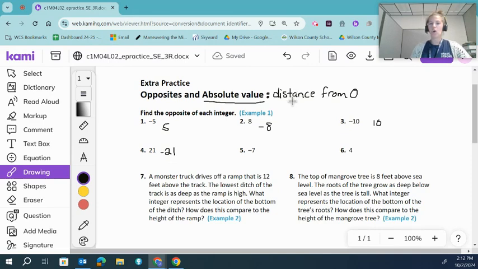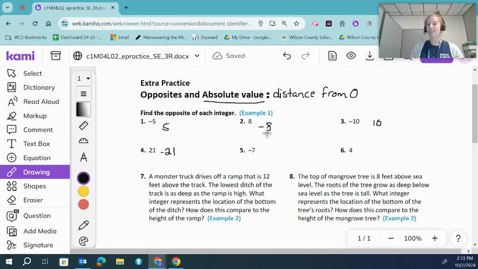So 5 is 5 away from 0 on your number line. Well, -5 is also 5 away from 0. So +5 and -5 have the same absolute value, and that is going to be +5.